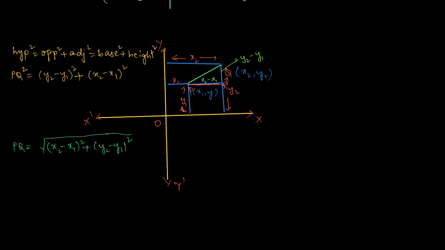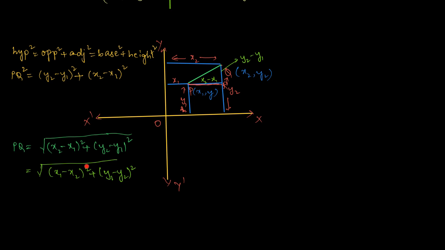So this is the formula for finding the distance between any 2 points in a coordinate axis. This can also be written as root over (x1 minus x2) whole square plus (y1 minus y2) whole square.